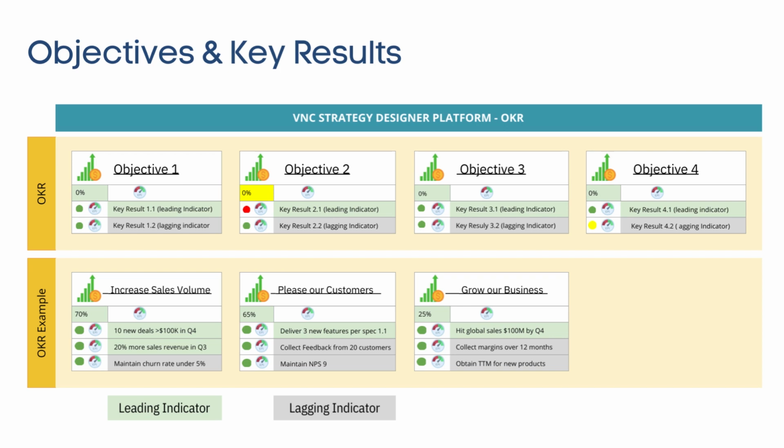Therefore, key results can be specific with hard numbers, measurable, and time bound with both lagging and leading KPIs, like you see in the example contained in the VNC Strategy Designer Platform OKR strategy map right here on this chart. The OKR tool accessible with your VNC Designer Platform can help you write OKRs and align them throughout the organization and also track their progress.